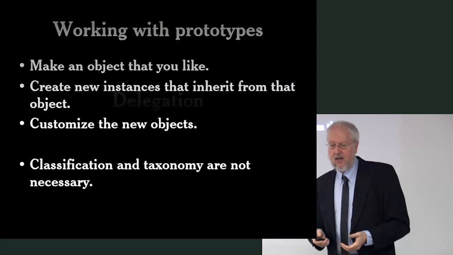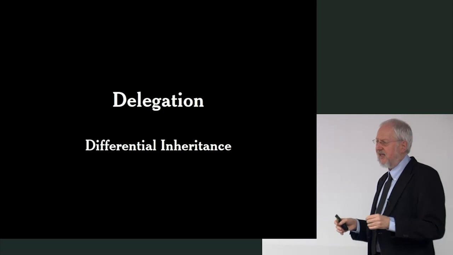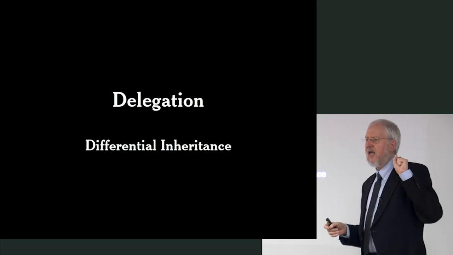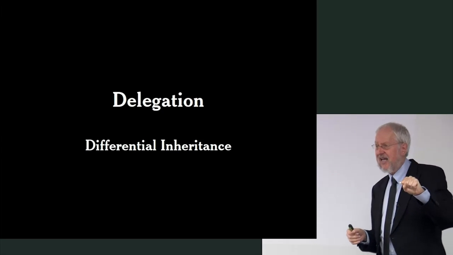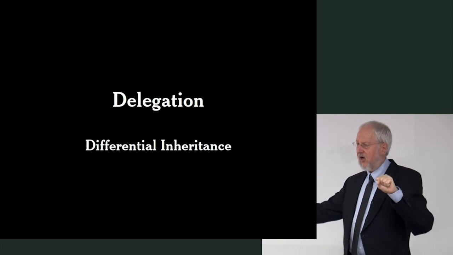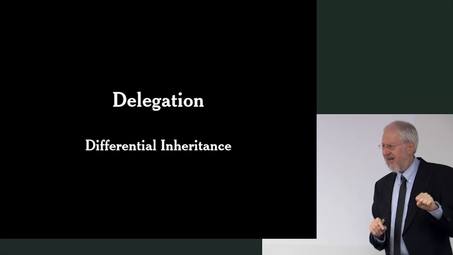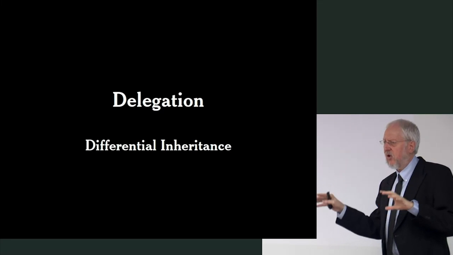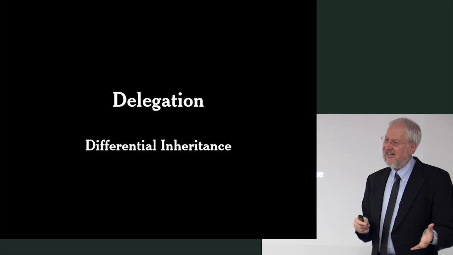So the model that JavaScript provides is sometimes called delegation, where an object can only do what it can do, and if it's asked to do something that it can't do, it will designate another object to do that work on its behalf. This is also called differential inheritance, where each object will only contain the material which distinguishes it from the object that it inherits from.